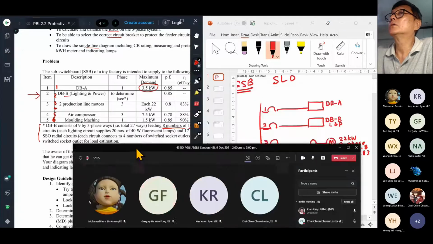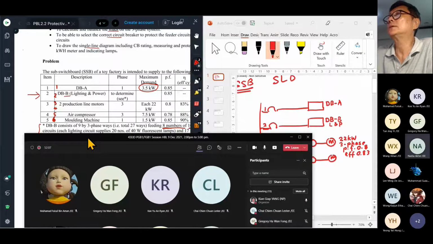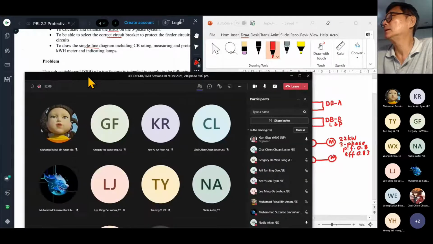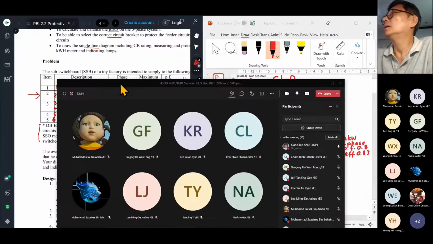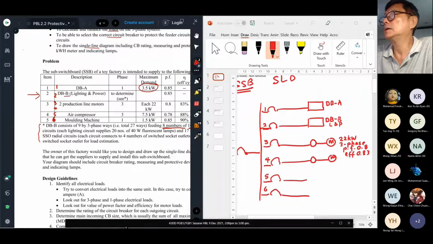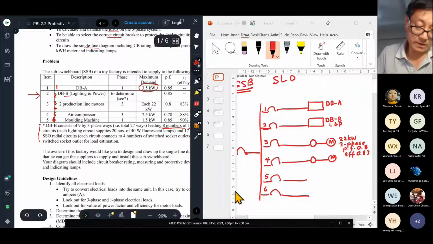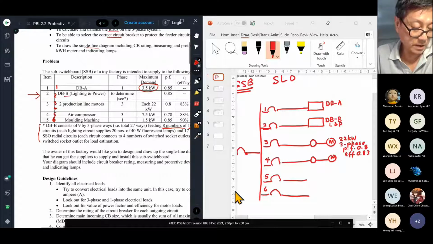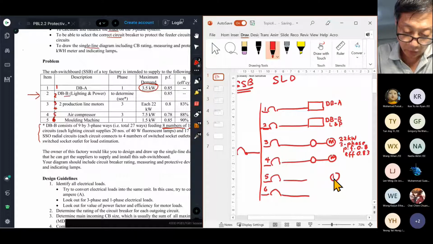Motor. Also another motor, but this time it's an air compressor. So circuit number 5 is also a motor, because an air compressor is a motor as well. So I will need another starter here as well.